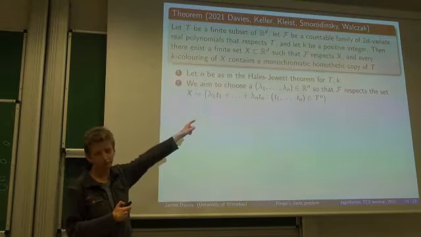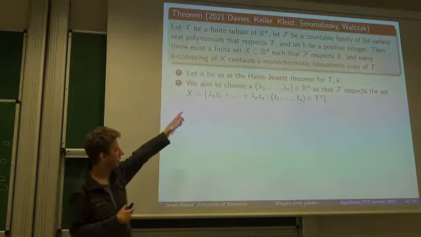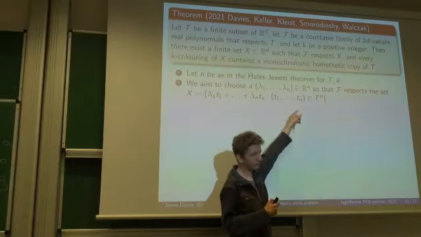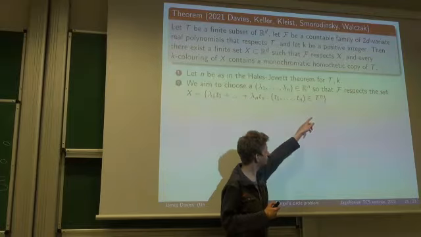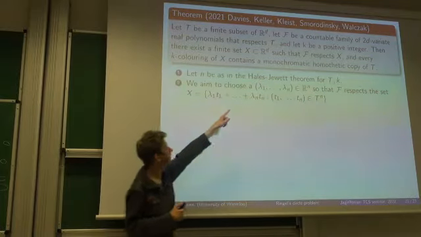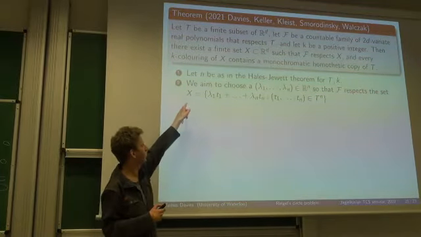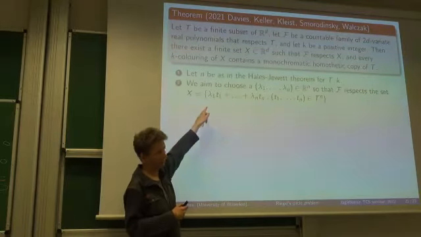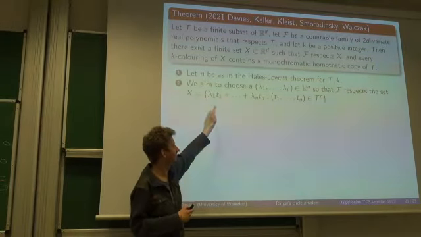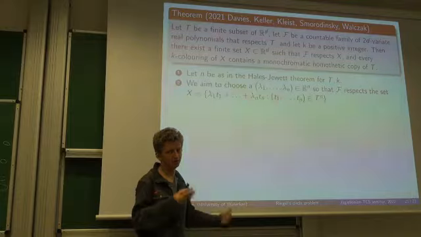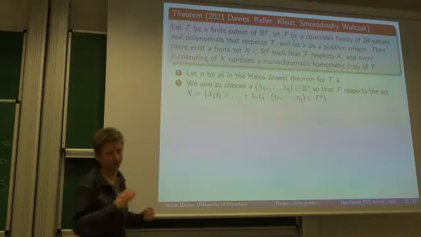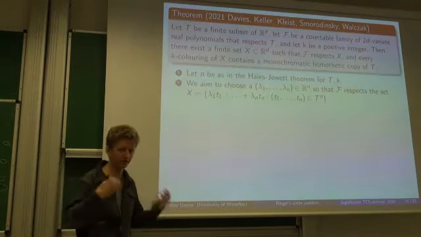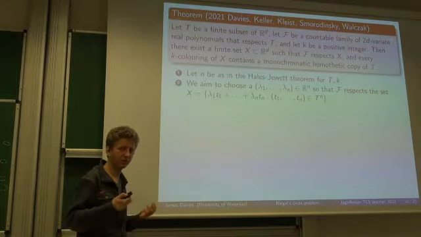And now, as I was just saying, our aim is to be able to pick lambda 1 to lambda n, these n real variables, so that our chosen family of polynomials respects the X we get here. Now our X is lambda 1 t1 plus through lambda n tn. Before, we're essentially just taking all the lambdas equal to 1. Now we're allowing them to be any real, and we need to figure out how to pick them later.